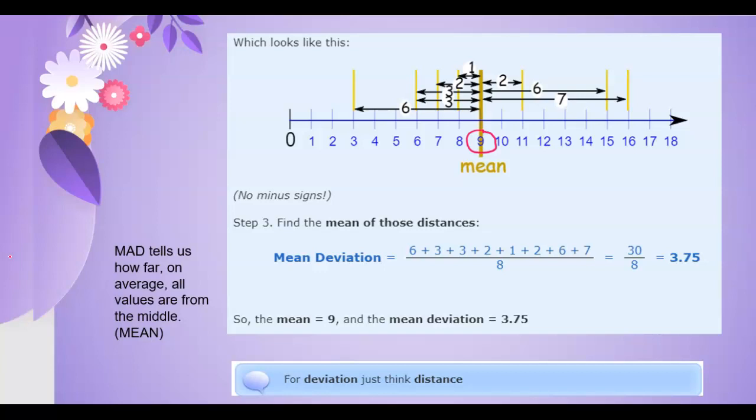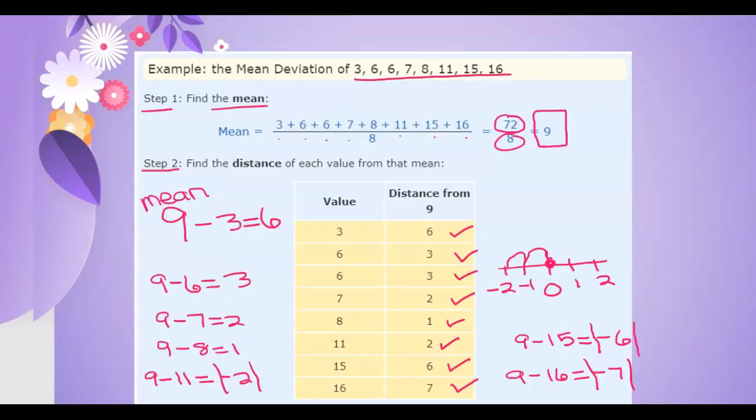To find the average of that, this is where we're coming up with our mean deviation. We just find the mean of all of those numbers, the distances from the mean. So we add up all those numbers and we come up with 30. Those are the numbers here, the distance from 9.